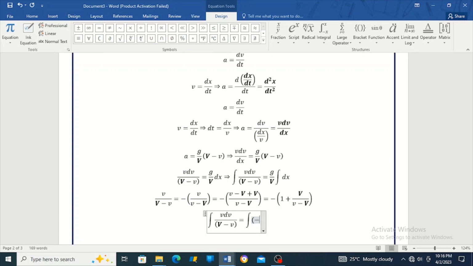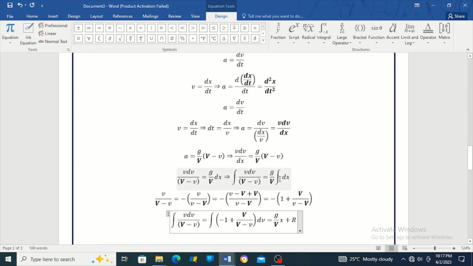I have negative 1 minus V divided by, or I can just say plus V divided by, now I just send a negative sign here, so I get v minus V. I'm integrating with respect to v, small v, and this is equal to g divided by capital V times x plus a constant of integration. Maybe we can say r.